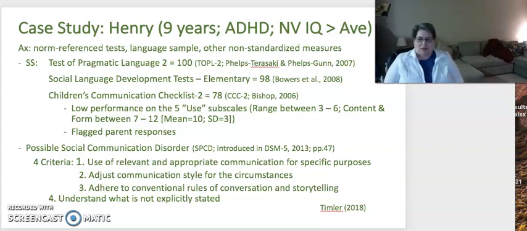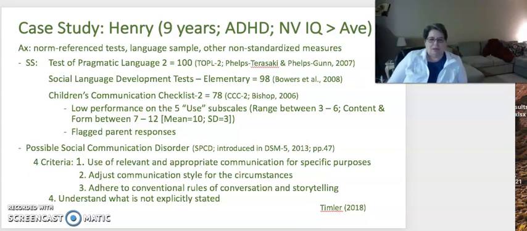So the CCC2, I think you're probably familiar with it. It's norm referenced for children 4 to, I believe, 16. And it has a number of subscales: the semantic scales, the speech and syntax scales, and under form and for use, coherence, initiation, scripted language, context, and nonverbal communication scales.